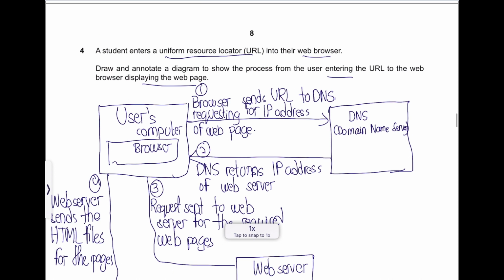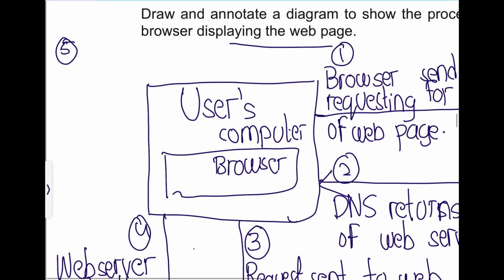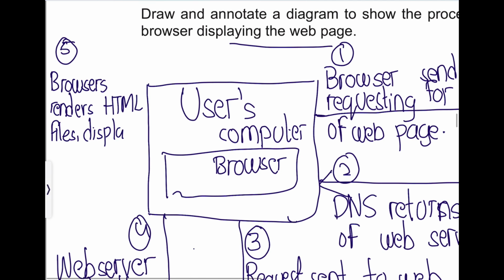And then the last step is going to be, I don't have space here, I'm sorry. So basically, the browser renders, or basically translates, the HTML files, displaying their content.